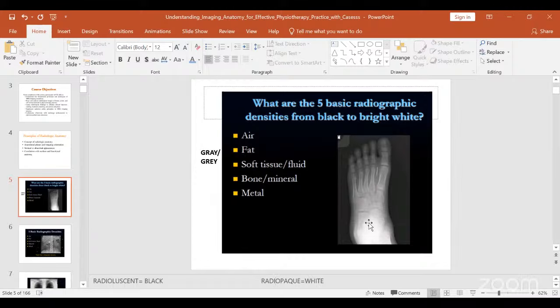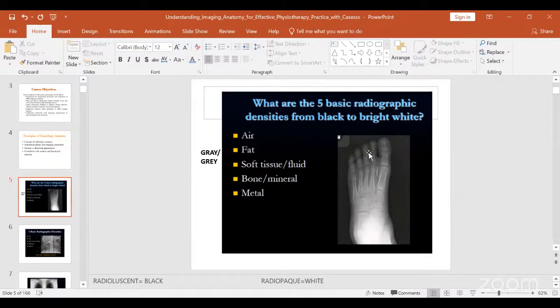However, for patients that are majorly orthopedic patients that will have metallic implants, those ones will appear even whiter than the bones. Are we together? So bone and metals appear radio-opaque because they are white. Being radio-opaque means they do not allow radiation to pass through them. And because they do not allow radiation to pass through them, those areas appear what? White.